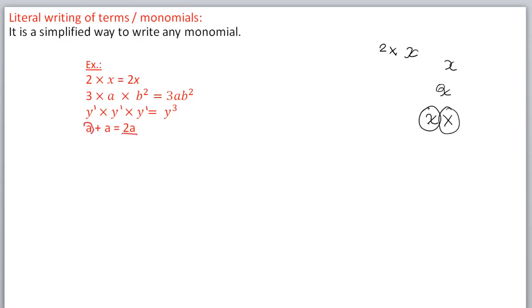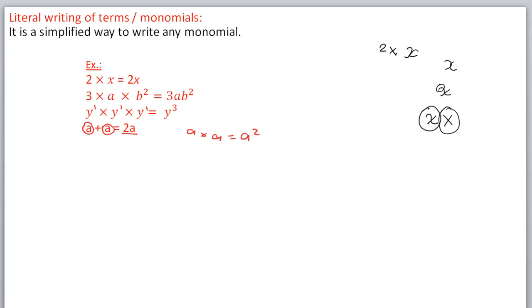Since it's a plus a, not times a. If it was a times a, it should be written a squared. So this is the difference between multiplying and adding. In the last lecture I saw some gaps in this with some students.